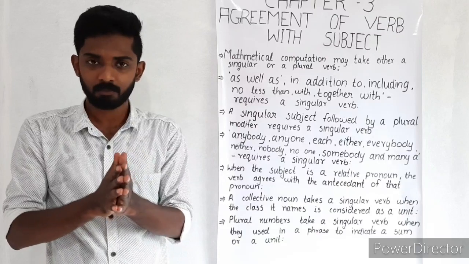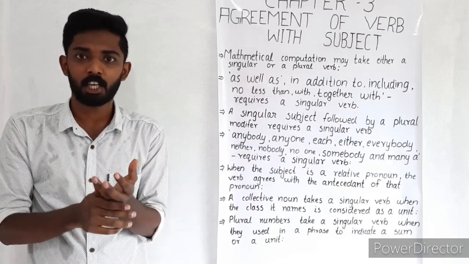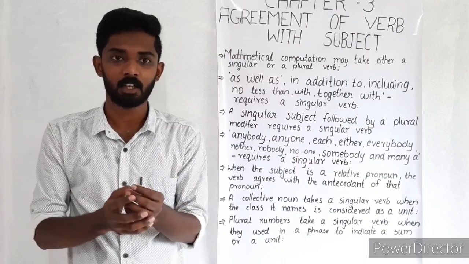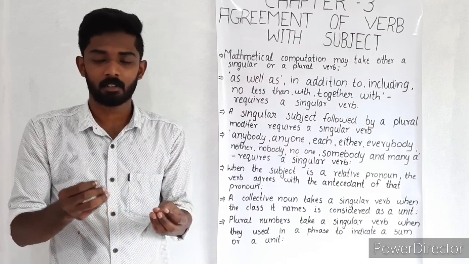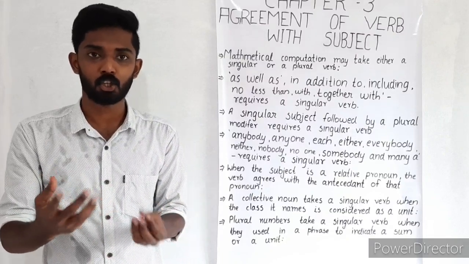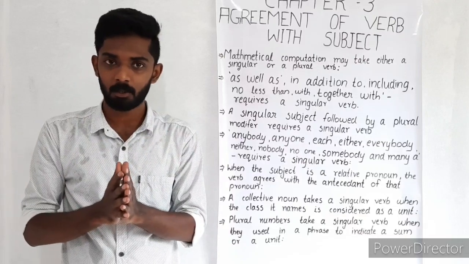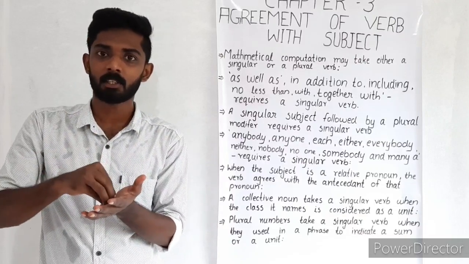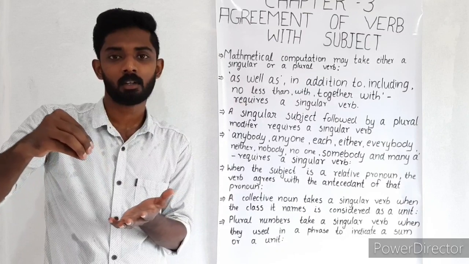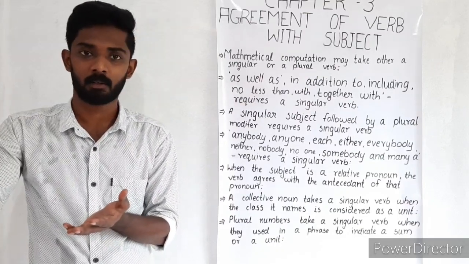So the last one: certain nouns which are plural in form but singular in meaning generally take a singular verb, words like dynamics, economics, electronics, ethics, news, physics, statistics, and all those words, because these words can be used as singular as well as plural.